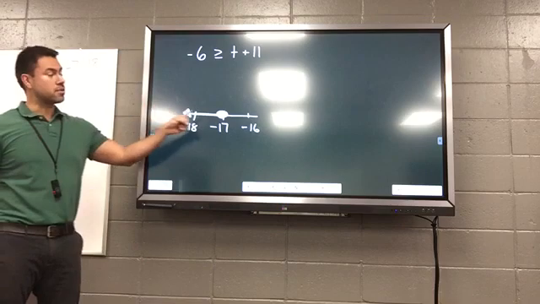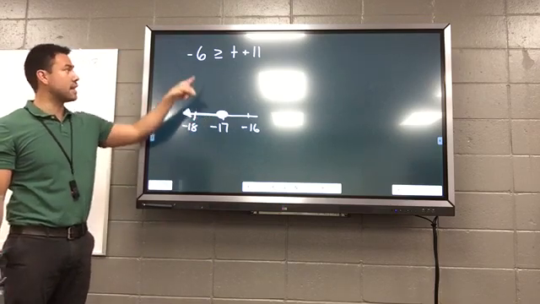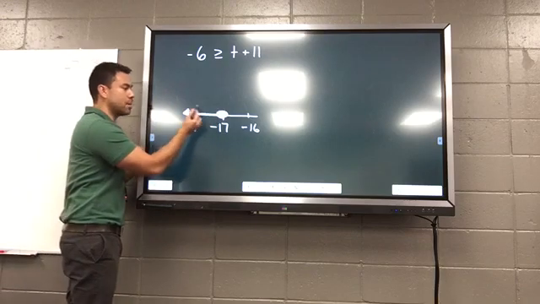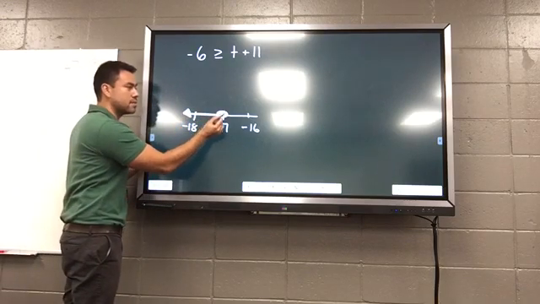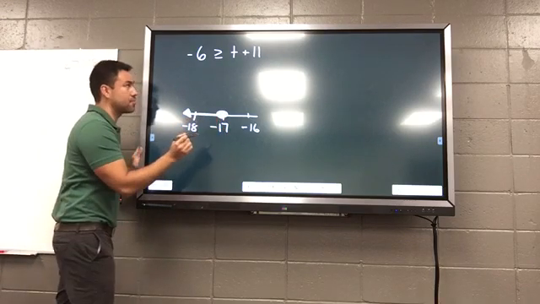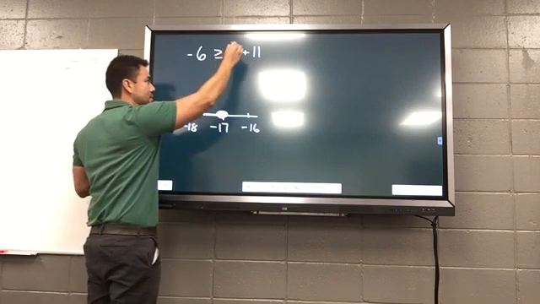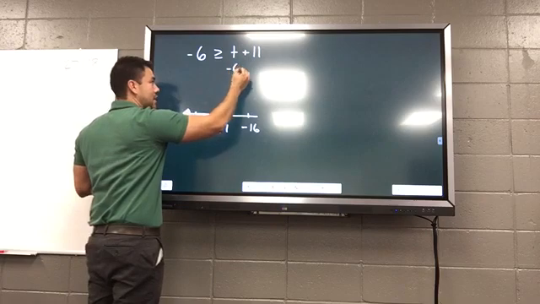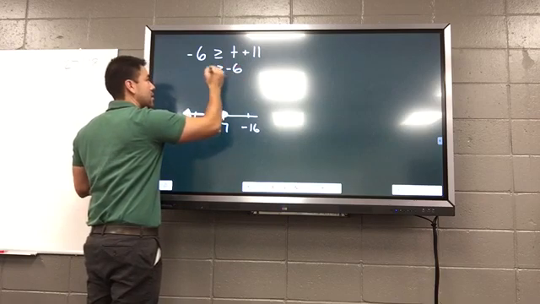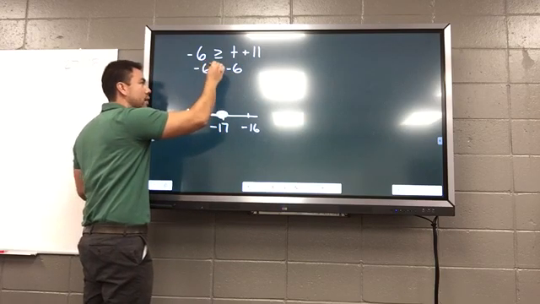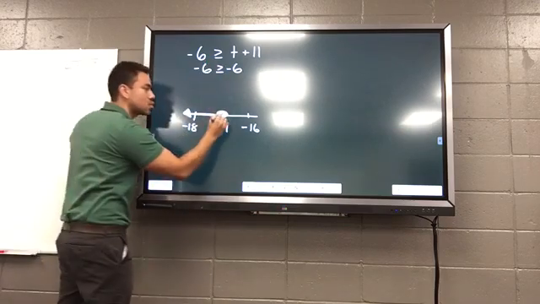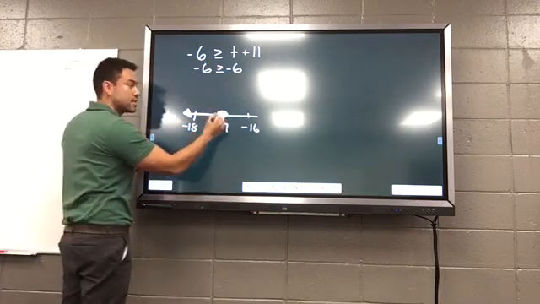But what I'm going to do is check your graph and see, does it fit this inequality? What numbers should be a part of the solution? Wouldn't -17 work? Yes. Okay, ready? What's -17 plus 11? -6. Is -6 greater than or equal to -6? Yes. This works. Okay, so far so good. This is part of your answer.